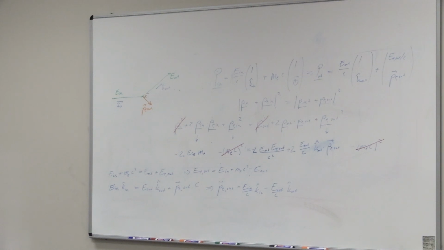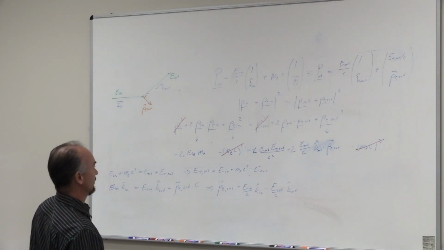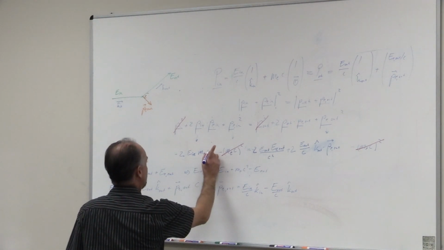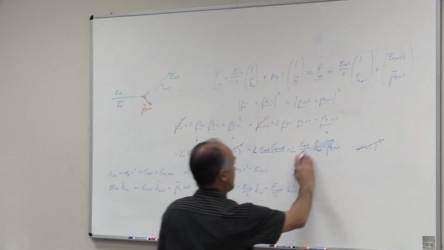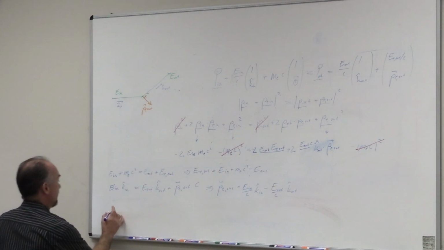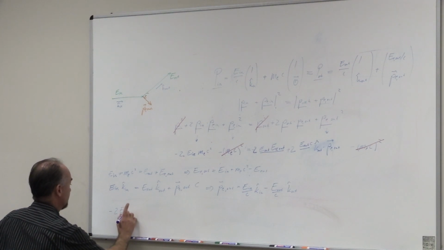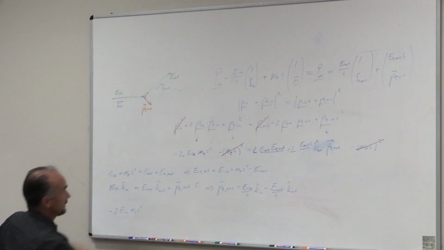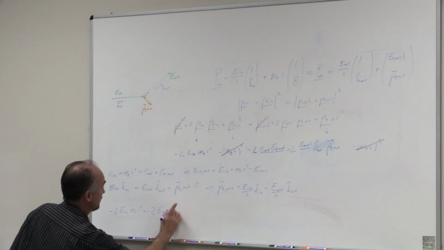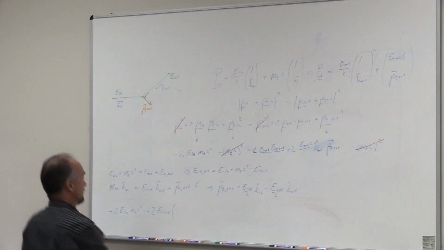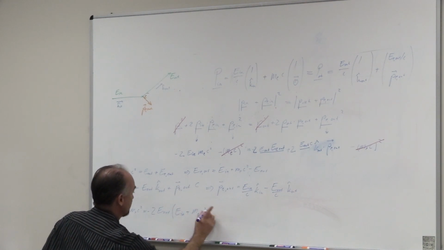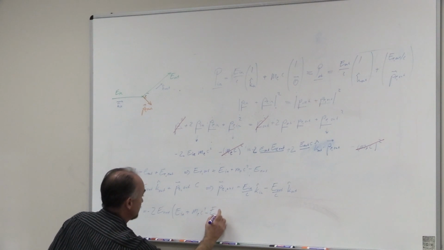All right, so let's see if that actually simplifies things a little bit. What we could probably do is just multiply c squared to everything here. This times c. Okay, then we have minus 2 E_in m_e c squared equals minus 2 E_out. We know what that is. E_out is E_in plus m c squared minus E_out.